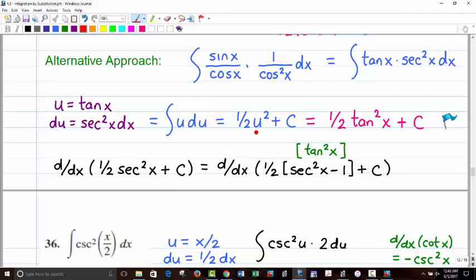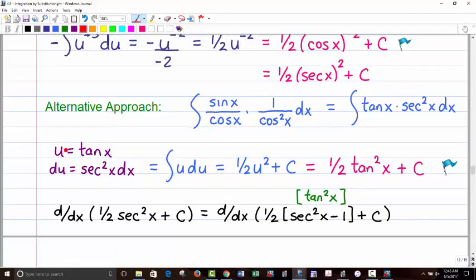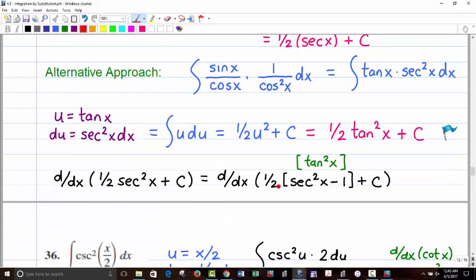of, okay, I didn't actually finish this though, did I? But anyway, the first answer, the sec squared, I wrote the derivative, and then I put tan squared as sec squared minus 1. Let me just mention this one thing real quick without finishing this. If I distributed this through the parentheses, I would have 1/2 sec squared minus 1/2.